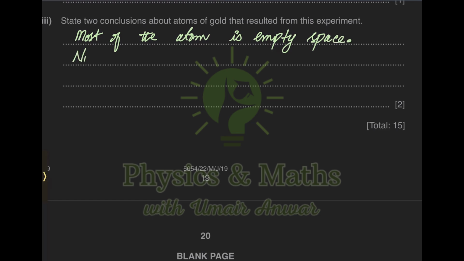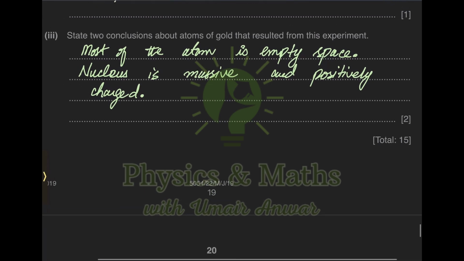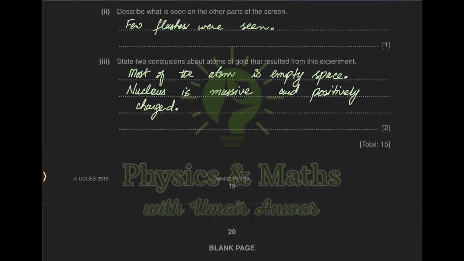Number two, nucleus is massive and positively charged. And this was concluded because very few alpha particles showed smaller or larger deflection. So mass is concentrated within the nucleus and the positive charge is also concentrated within the nucleus. So these were the two or three main conclusions from the experiment. And the question ends here with this part.